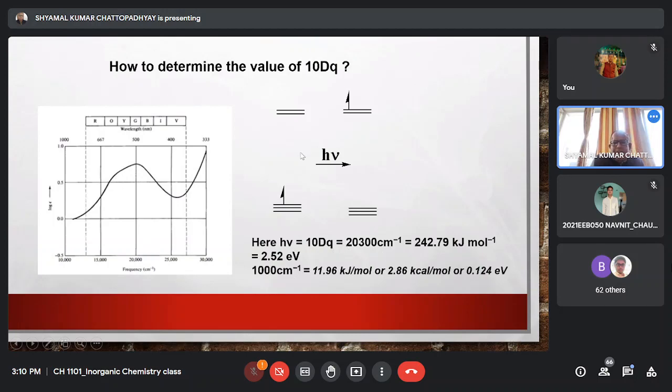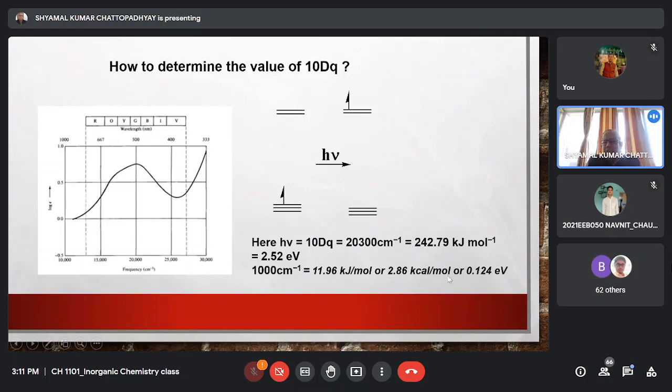So you may say that the energy gap between the T2G and E orbital is equal to 20,300 centimeter inverse, or we can convert it to other units using the formula that 1000 centimeter inverse equals this much kilojoule per mole, or this much kilocalorie per mole, or this much electron volt.